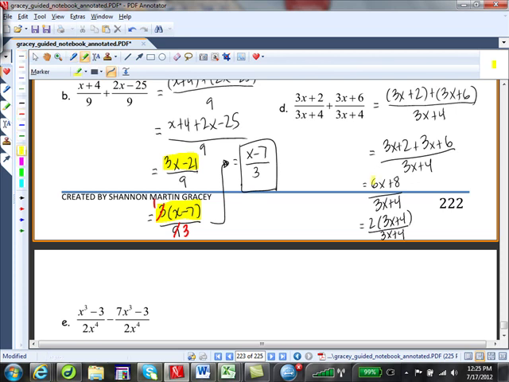So this here is the part where we factor so we can simplify. 3x plus 4 goes into itself one time. So at the end of the day, this simplified to be 2 over 1, which is 2.